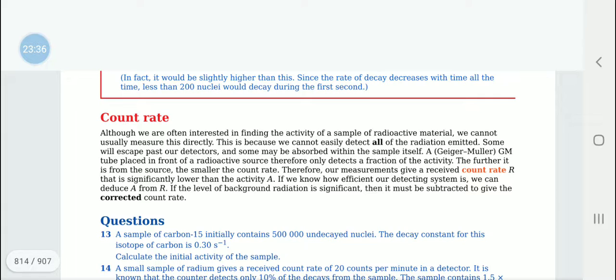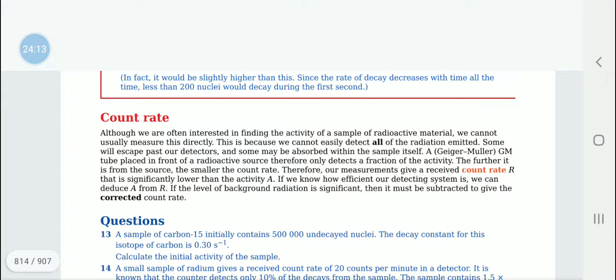Some will escape us, and some may not even reach the detector surface. Some would be absorbed only by the detector itself. Then whatever materials the detector is made of might absorb some of the particles as well.